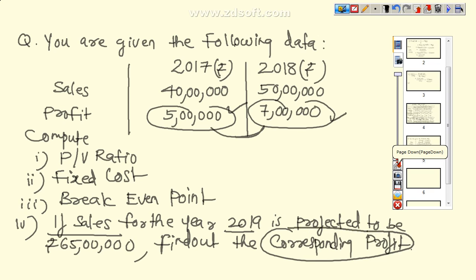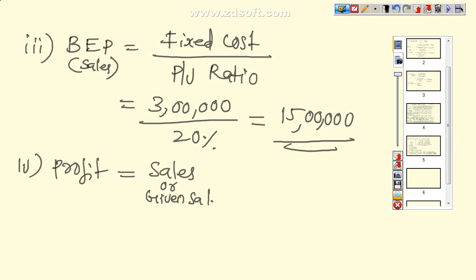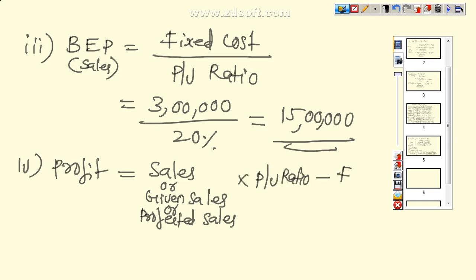Profit is equal to given sale, also known as projected sale, multiplied by PV ratio minus fixed cost.